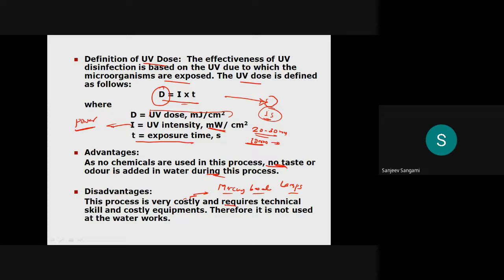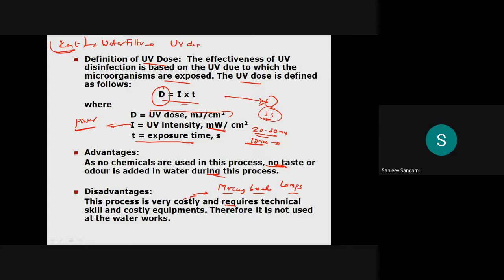Still, in some applications, this has been used in compact water treatment units. In your houses, if you are using any treatment unit, for example Kent, which is a brand, if you observe the Kent water filter, they mention UV disinfection.